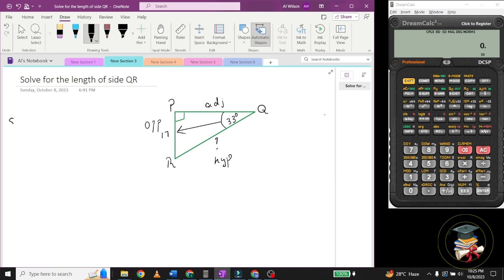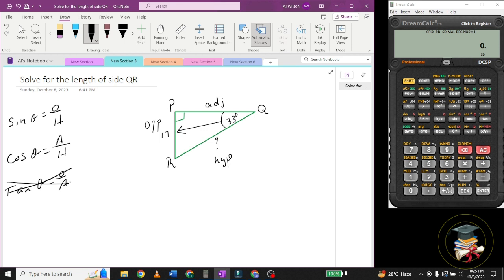So our sine theta, which is opposite over hypotenuse, our cos theta, which is adjacent over hypotenuse, and our tan theta, which is our opposite over adjacent. So notice again, we have the hypotenuse we're going to solve for, so we don't need tan.